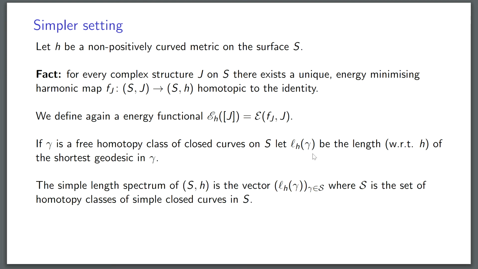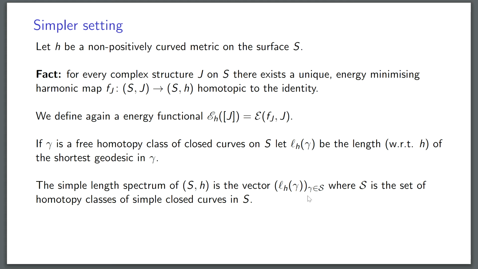And now the simple length spectrum of a metric is simply the vector that records all the lengths of the simple closed curves in the surface. So we let script S be the set of all homotopy classes of simple closed curves in S, and the simple length spectrum is simply the length of all these homotopy classes.